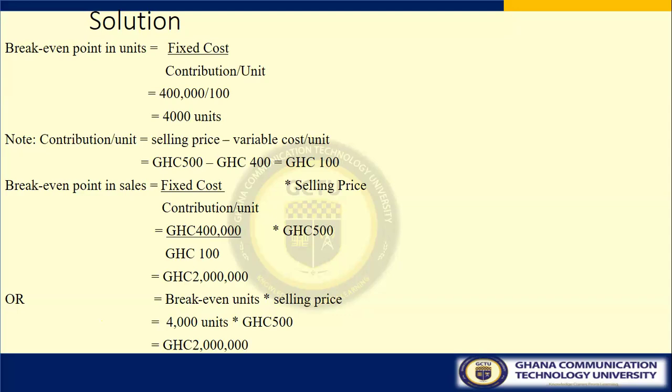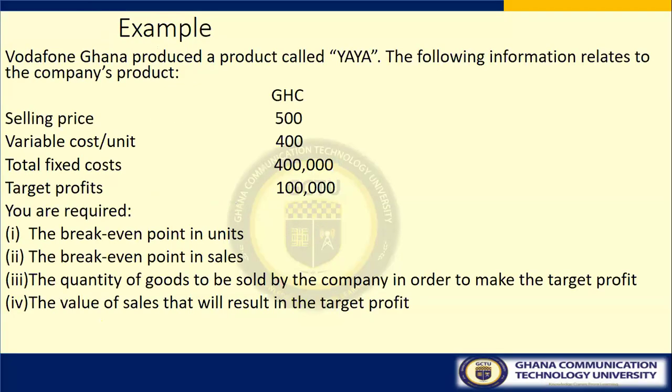Let me go over again. Let me go back to the question. These are the information given to us: the selling price, the variable cost, the total fixed cost and then the target profit. The first question is to find the break-even point in units, and the formula is fixed cost divided by contribution per unit.